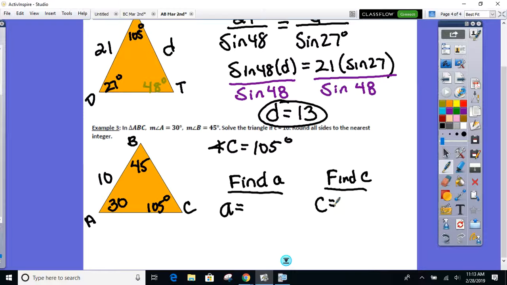Plenty of time to do another one. We're going to do example 4 coming up.